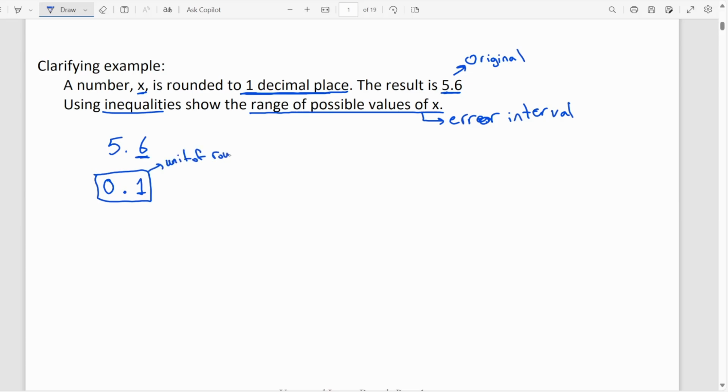Okay, so we've found the unit of round. Now in order to find the error, it's going to be the unit of round divided by 2, and this gives us 0.05.